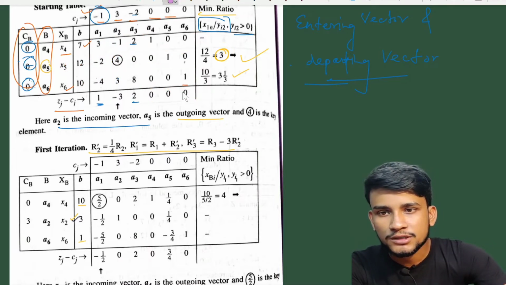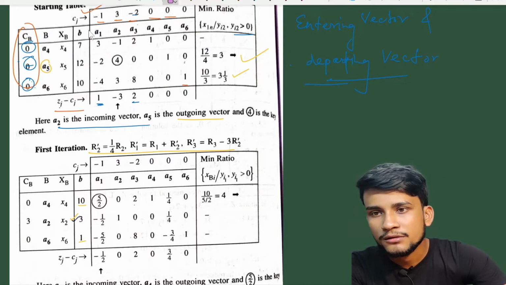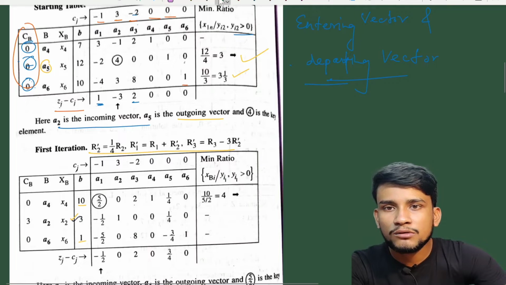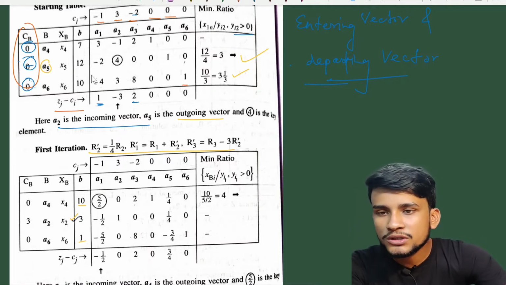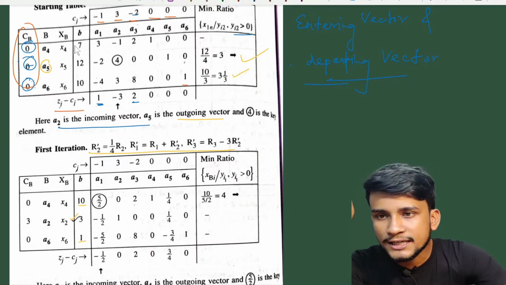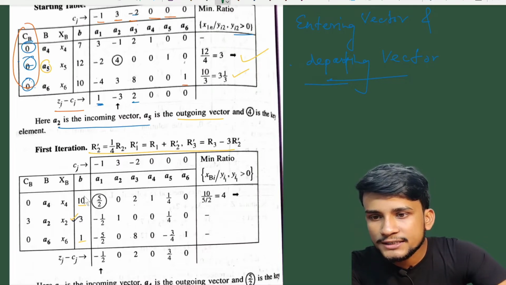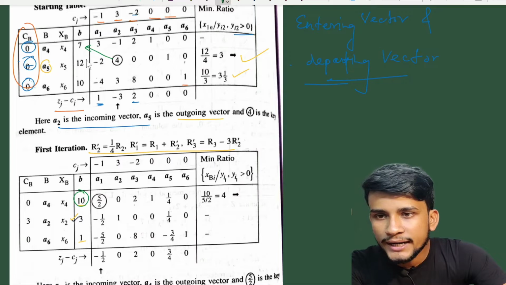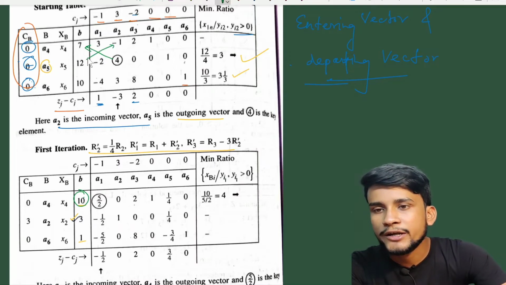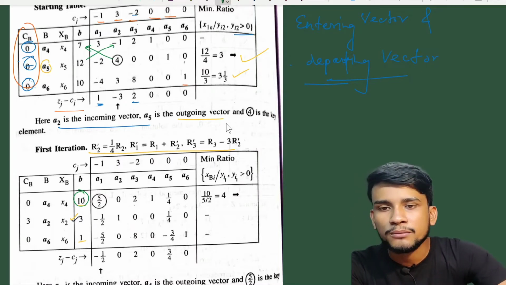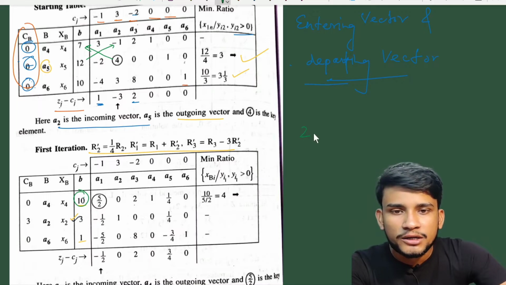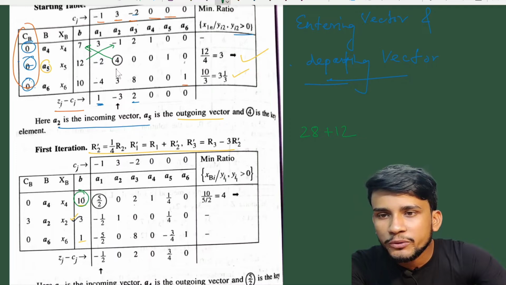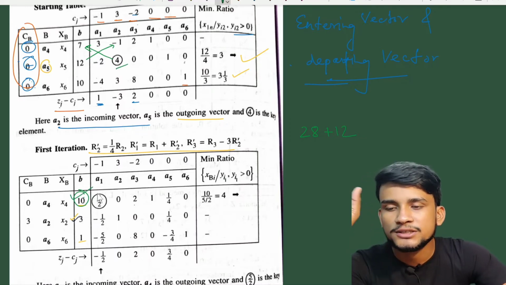Suppose we find this element: this into this minus this into this. So 7 into 4 is 28, minus of minus 12, that means 28 plus 12, that is 40. 40 divided by 4 means 10. So this is 10.